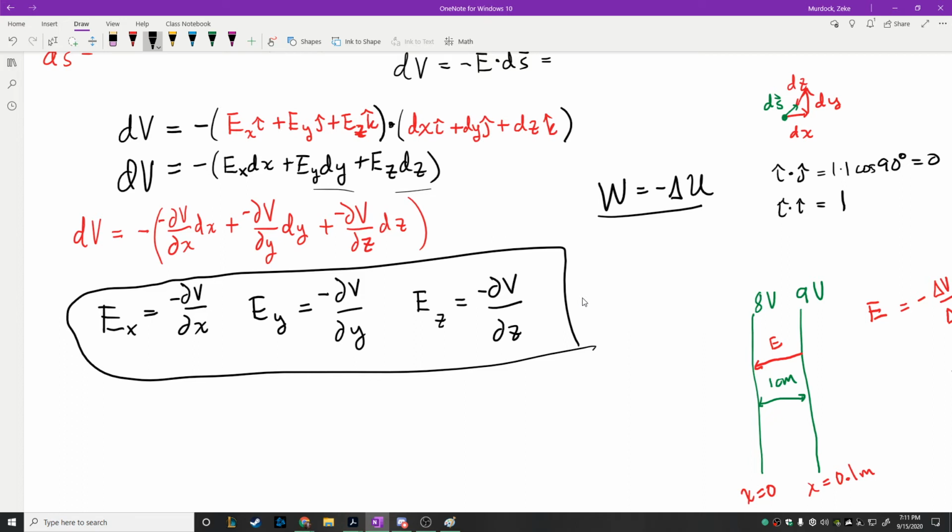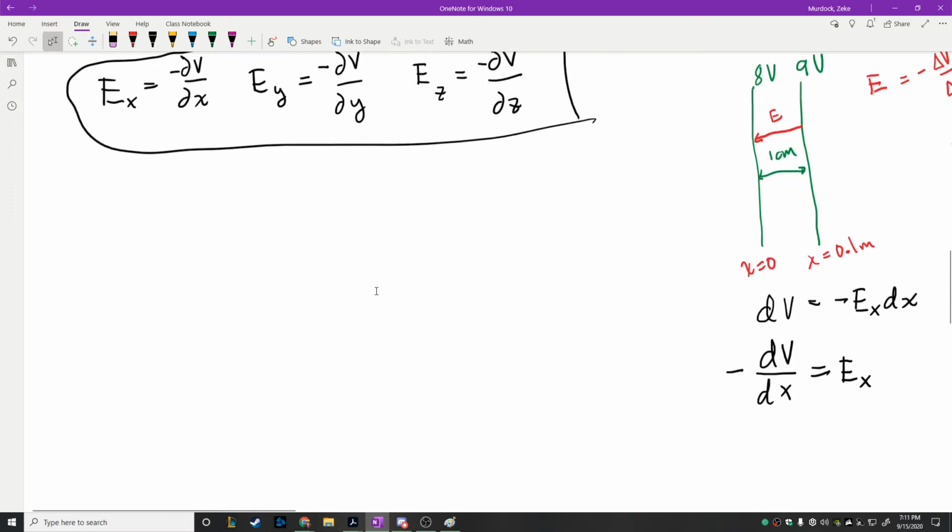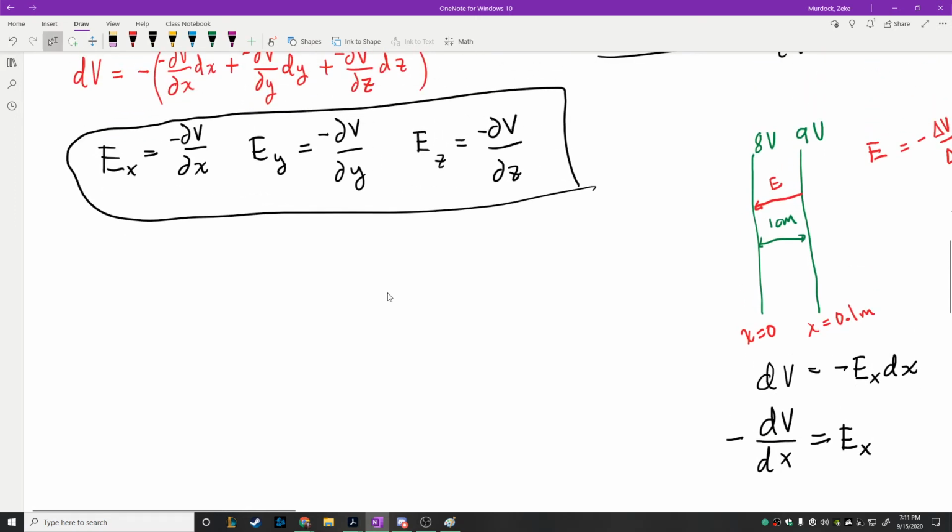If I want to find this thing, I need to use this partial derivative thing. So what's a partial derivative? We'll do a completely silly problem. Suppose v as a function of x, y, and z was given by, let's say, this, and that was our electric potential, and it had the proper form or whatever.